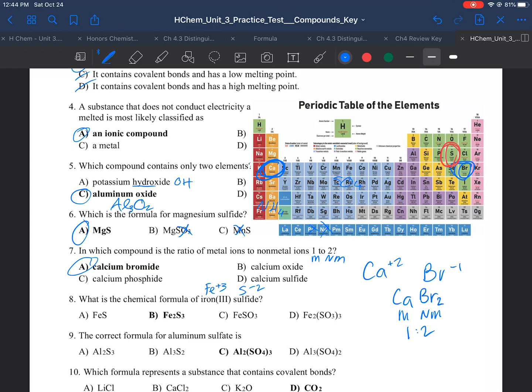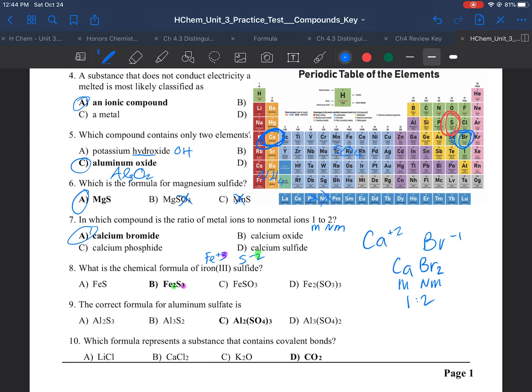And don't forget that you can put the charges from 1 as the number of atoms for the opposite. So don't forget that little trick there. So we get iron 2, sulfide 3, or B.